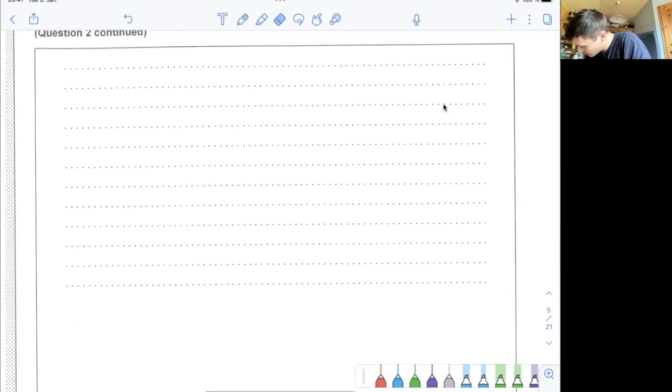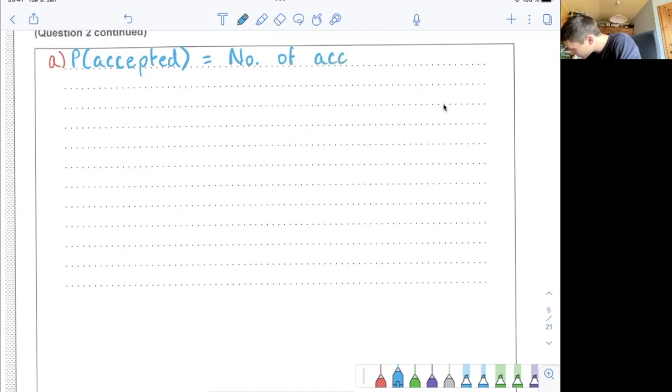So the probability someone was accepted is equal to the number of accepted applicants.